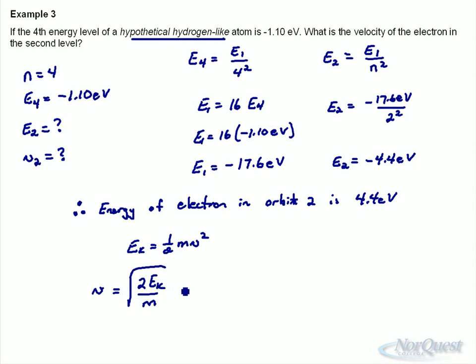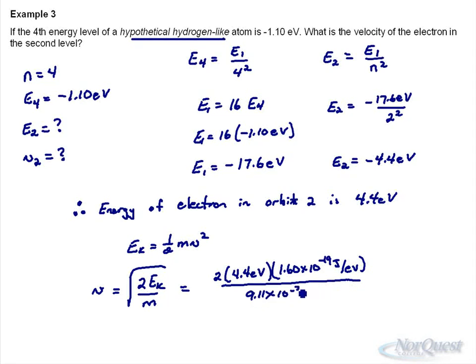We know this formula requires energy to be in joules, so it's 2 times 4.4 electron volts. The conversion is 1.60 times 10 to the negative 19, right off your formula sheet. That's the elementary charge, joules per electron volt, divided by mass of the electron off my data sheet, 9.11 times 10 to the negative 31 kilograms, and take the square root of that answer.